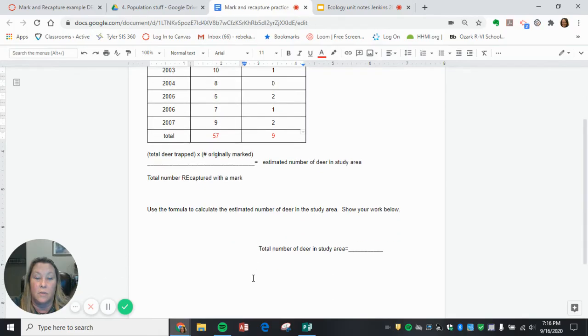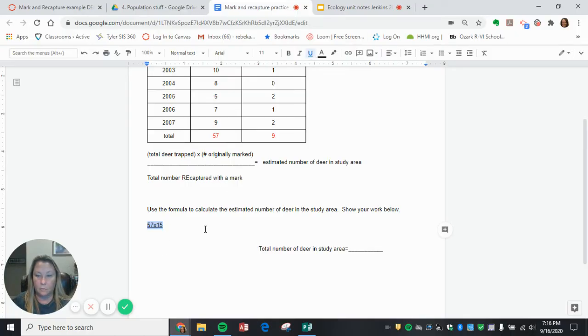That's what you would write down here: 57 times 15, and then all over 9. I don't know how to show this, but maybe I can underline it.